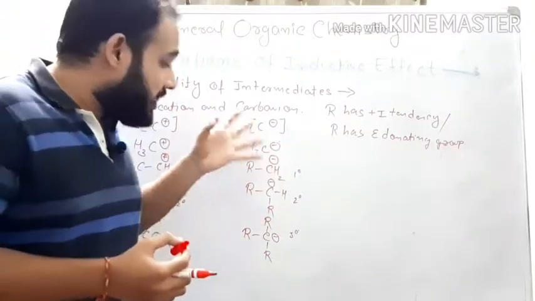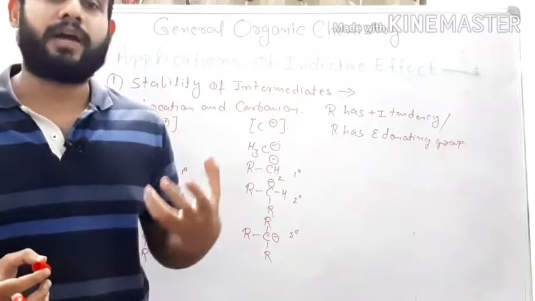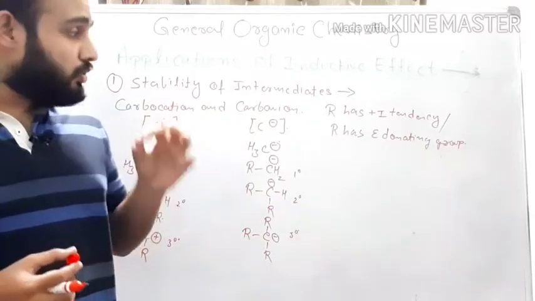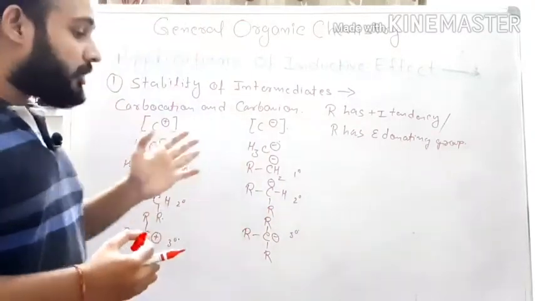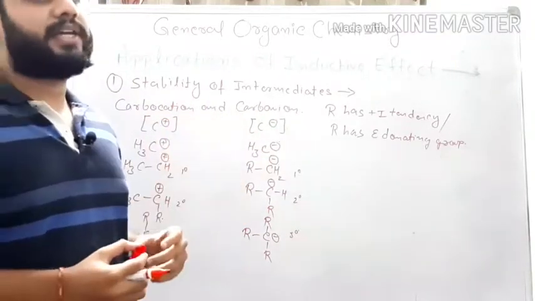Then after the R group also donates electrons to your C minus or carbanion, it will also destabilize your carbanion. So ultimately what do we conclude? We conclude that the R group can stabilize your positively charged carbon and can destabilize your negatively charged carbon.